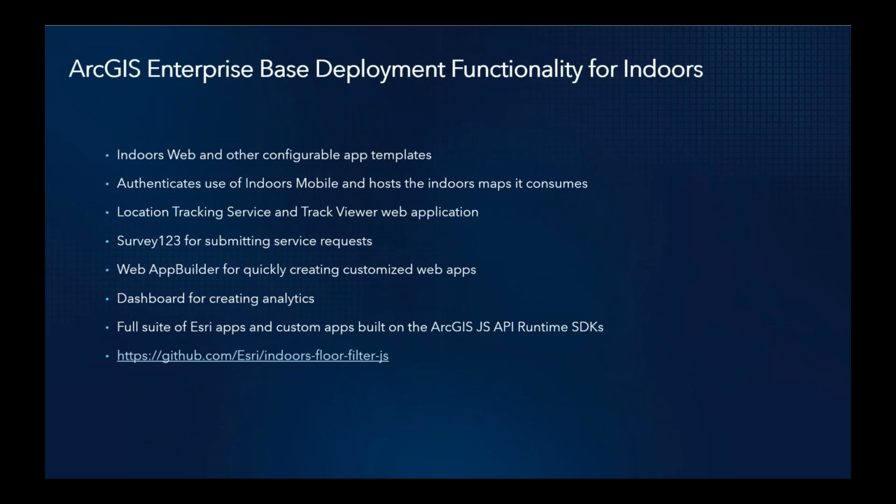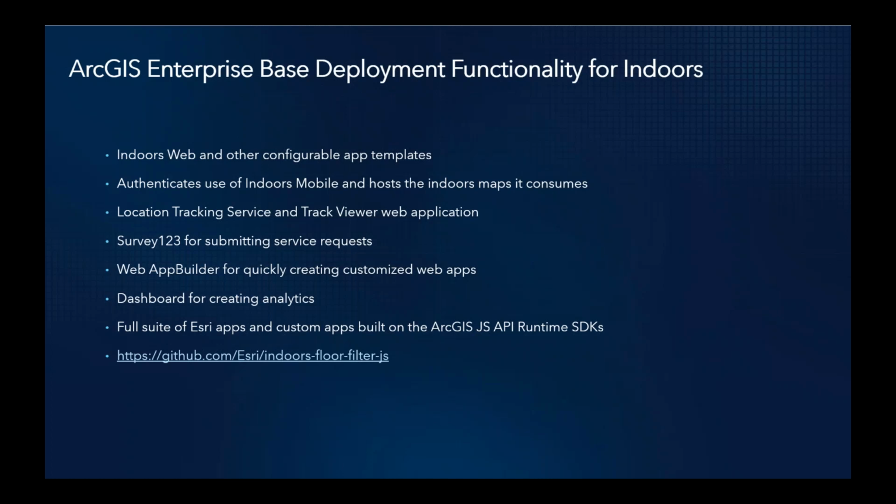Now, a base deployment of Enterprise for Indoors provides the following: the Indoors web and other configurable app templates. It would authenticate the use of the mobile app, as well as host the maps that the mobile application consumes. It provides the location tracking service and track viewer web app that are part of device tracking capabilities for indoors.